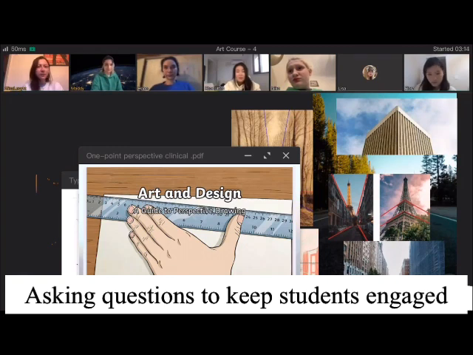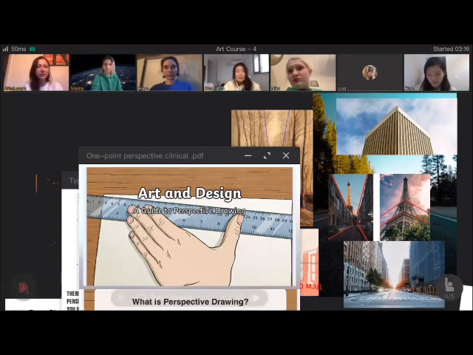Is there like an angle that we view, like our view of the world? Yes, very good, Charlotte. Exactly. Perspective is the point of view. We can use it in life and in art. Depending on from which point we look at certain things, we see them in a certain way.